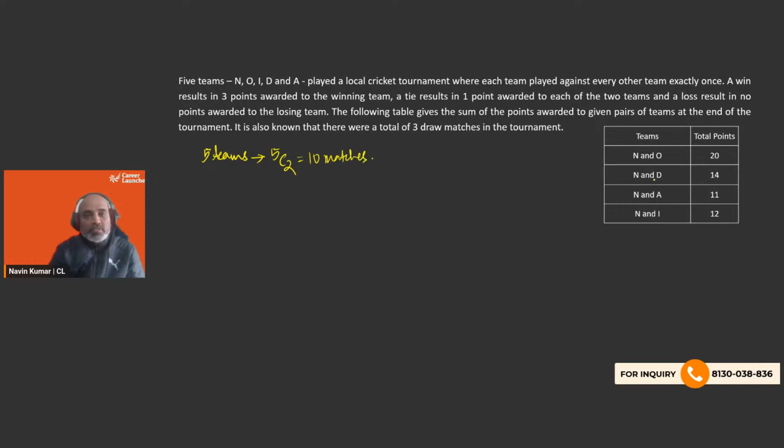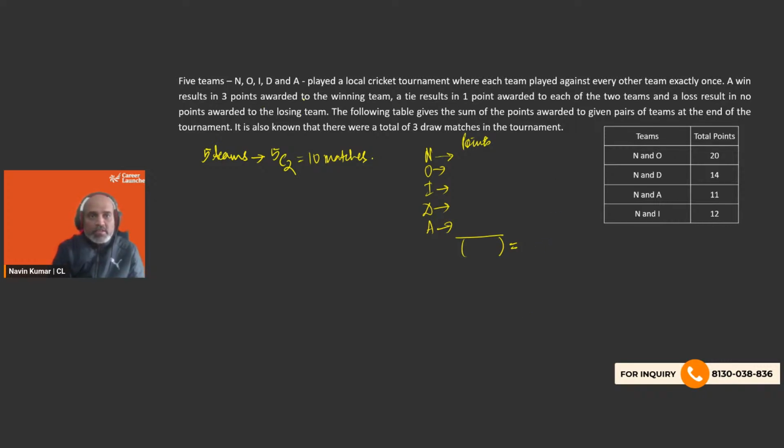Out of those 10 matches, we are given the total sum of points for a pair of teams, some specific ones. Now, whatever would be the number of points that N is going to score, or O is going to score, I is going to score, D is going to score, and A is going to score, these total points should come from the total number of wins.